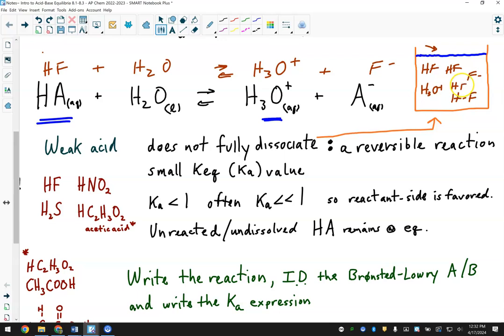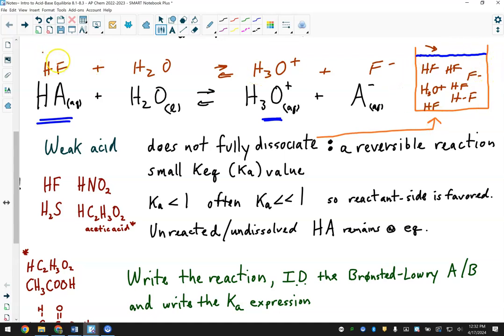The ratio of what remains undissolved versus what's dissolved has to do with the value of Ka, whatever the value of the equilibrium constant is. But that would be what it looks like.